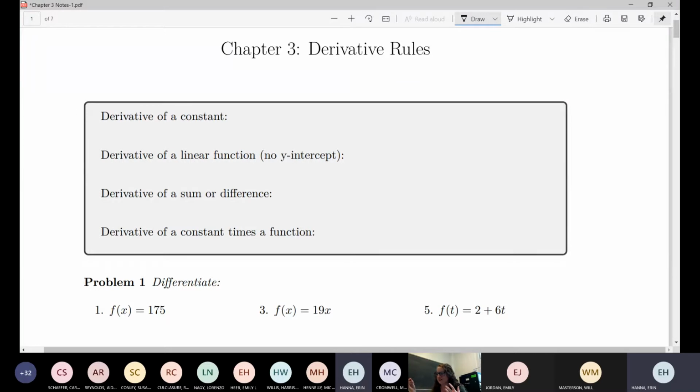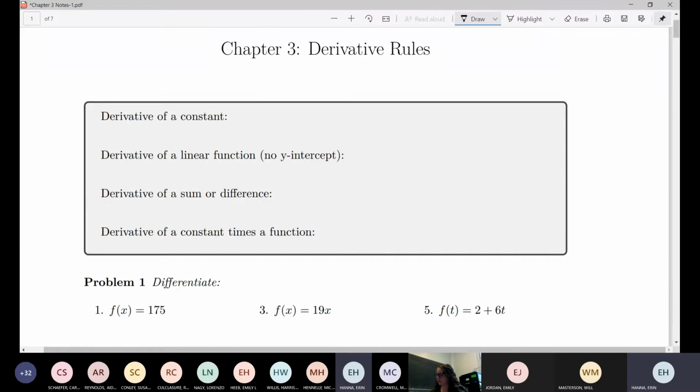Trying to prove that they hold, especially for some of the later rules, is very complicated and in-depth and way past the scope of our class. But just know that you get to use them freely. You will need to memorize them. But you should be using them so much that memorizing them should hopefully not be that hard after a little bit of practice. But anyway, let's get started.